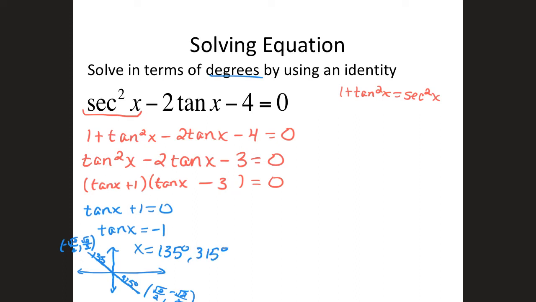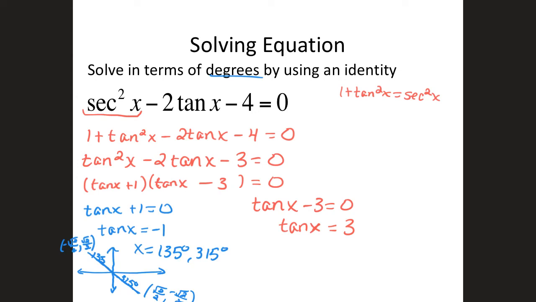My second equation is going to be slightly trickier to solve. Tangent of x minus 3 is equal to 0 when tangent of x equals 3. Unfortunately, 3 is not one of my known tangent values that can be found on the unit circle. So I'm going to have to get a little bit more creative than that.